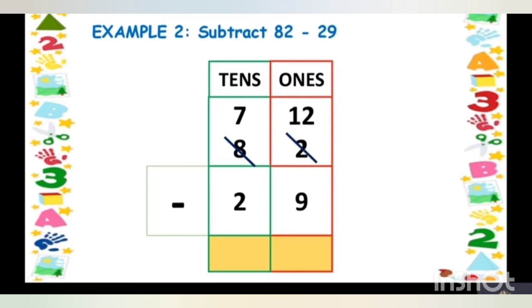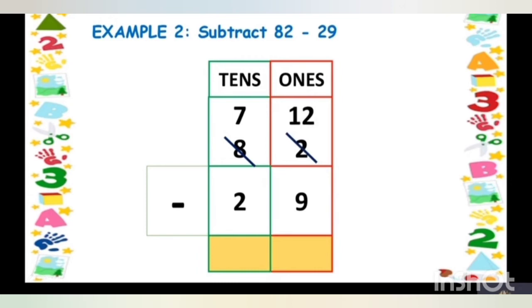The number 2 in ones place will become 12 after borrowing, and the number in tens place, that is 8, will become 7. We will write 7 in tens place as we have taken 1 borrow from 8.